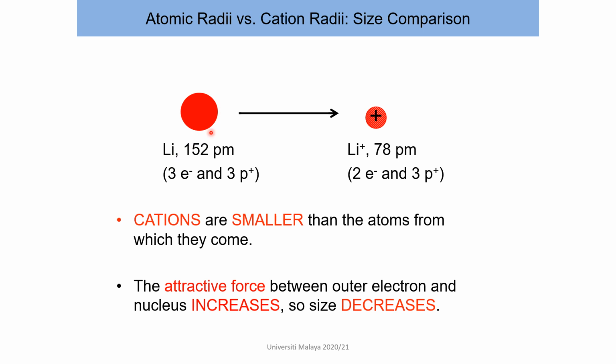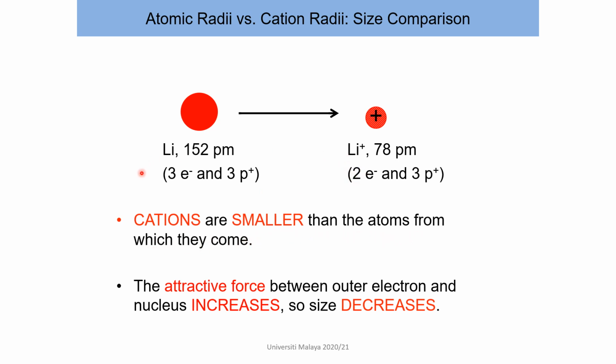When we are comparing the radii of atoms and the radii of ions, you can see that cations are much smaller than the atoms from which they come.